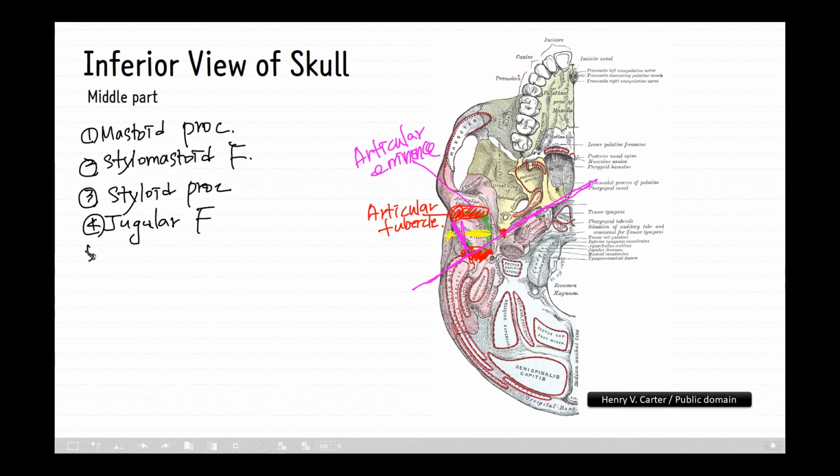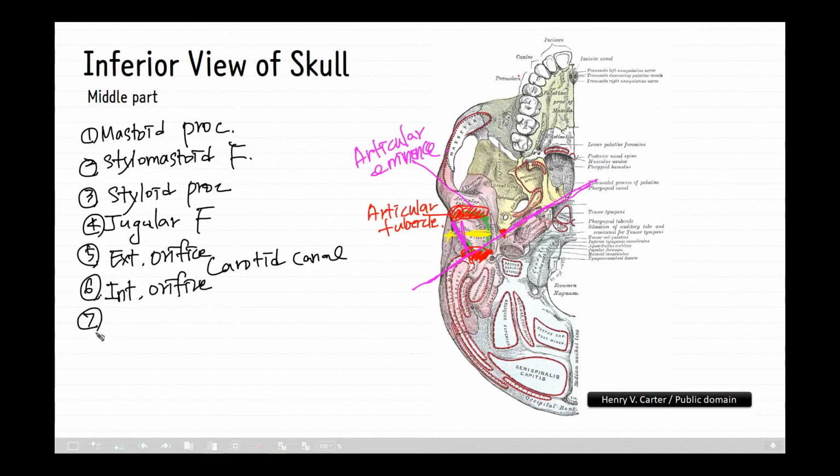Number 5 is the external orifice and number 6 is the internal orifice of the carotid canal.